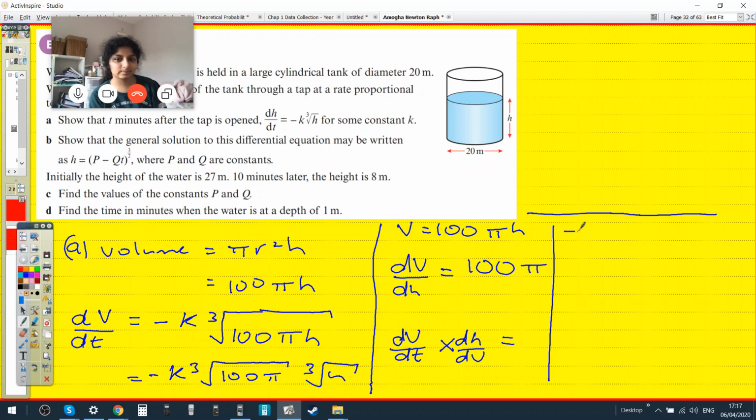dv by dt is minus k cube root 100 pi. What if we were to do them the other way? Cube root h. Hold on. So we're doing dh by dv. If you're doing that, then you have to divide it by 100 pi.